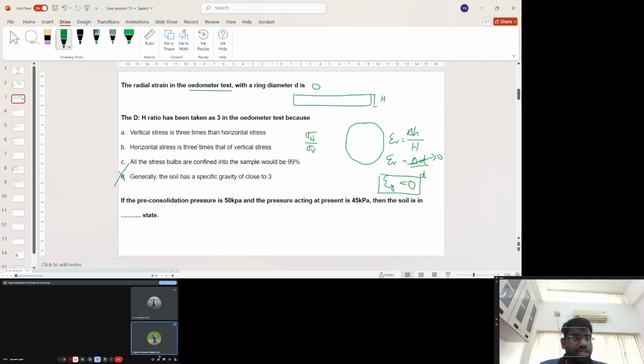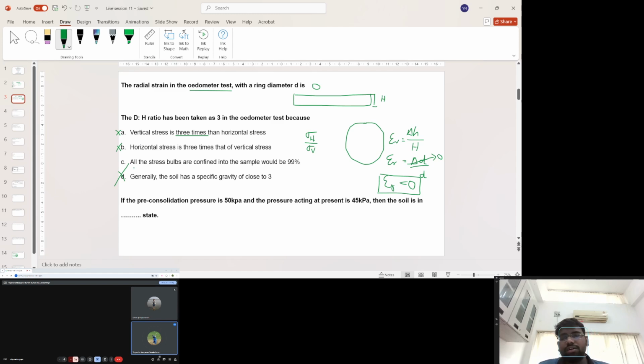Those concepts we will be studying a bit later. So obviously option B is eliminated. Sigma H in ideal cases will not be greater than sigma V. Even though this statement is qualitatively correct, it is not quantitatively correct. So this is also not a right option.